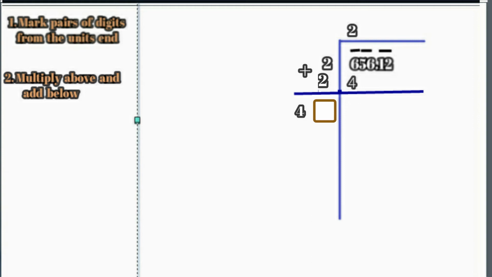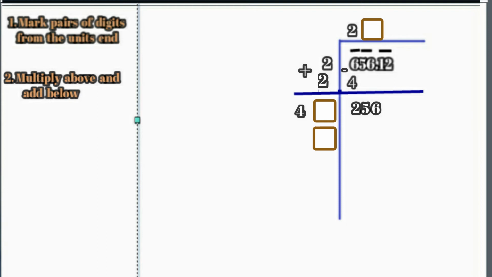The next step is to subtract the product from the number above it. The product was 4, so we need to subtract 4 from 6, which is 2. And then we get the next pair down, which is 56. Then we draw a box above, close to 2, and below, under this box. The digits contained in each of these boxes are the same.